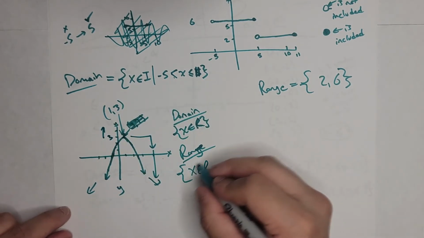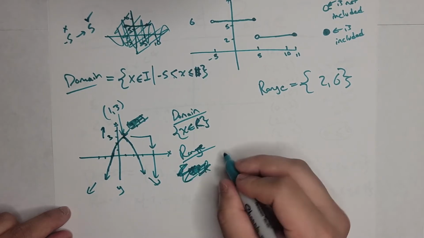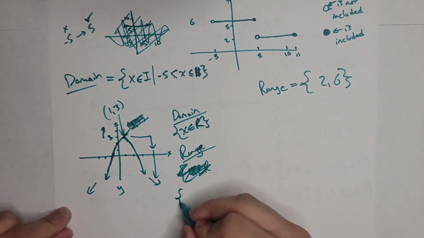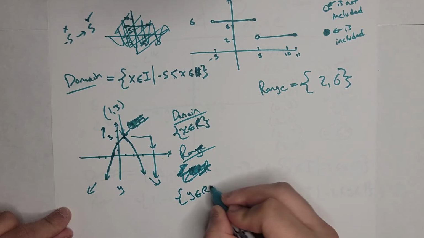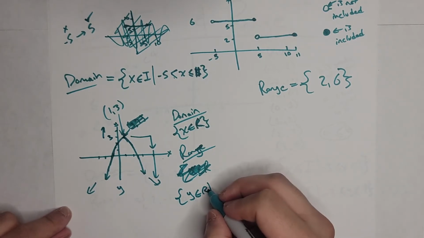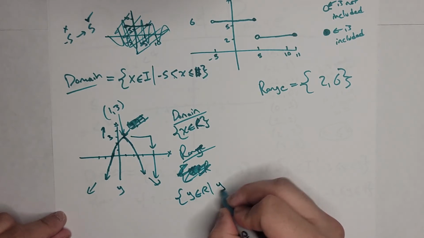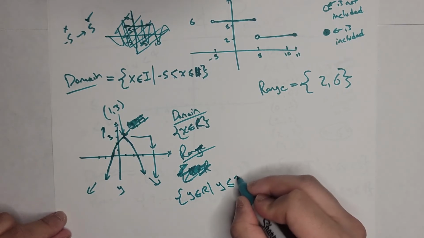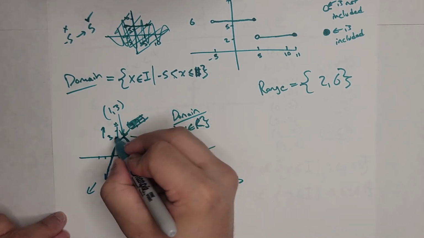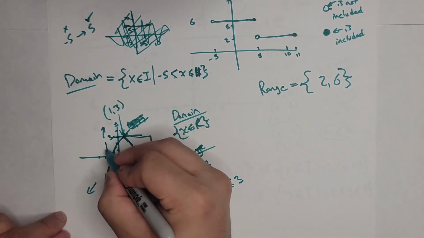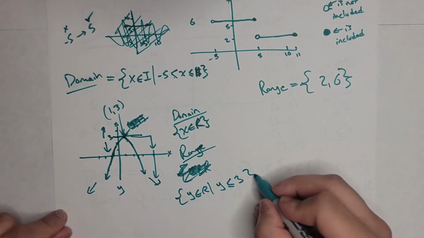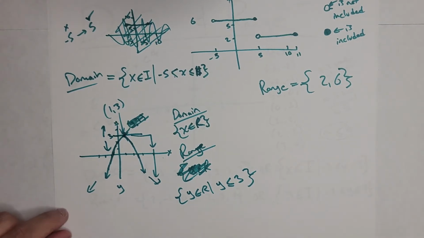Oh no, I don't know why I put x. It should be y. So the only condition we have here is that our y value can only be less than or equal to 3, and that is the domain and range for a parabola.